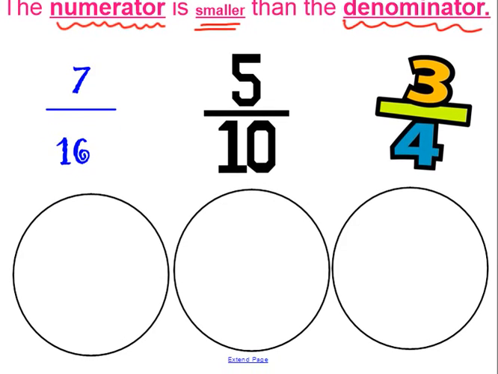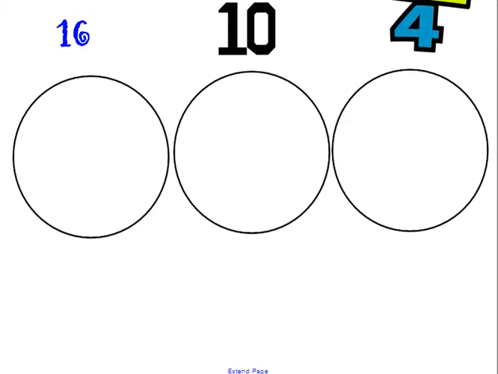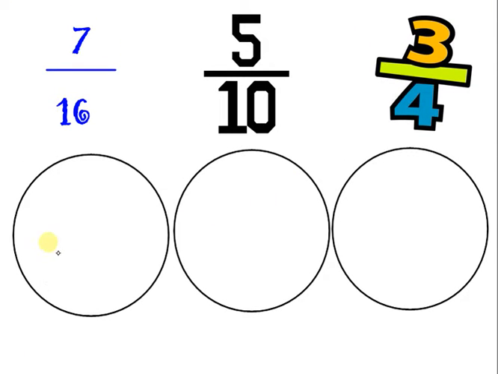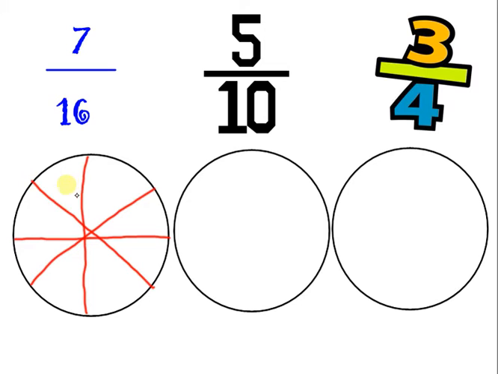Now, I want to show you what this would actually look like. And so I want to draw these out. So I'm going to start over here with 16. And I need to make 16, ooh, that's a really rough line, 16 different parts. It's a little bit difficult to draw straight lines with this. So I have 1, 2, 3, 4, so that's 8, okay.